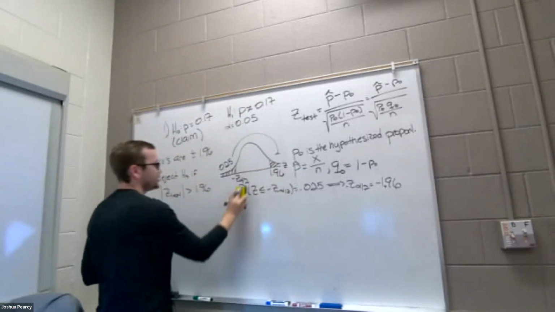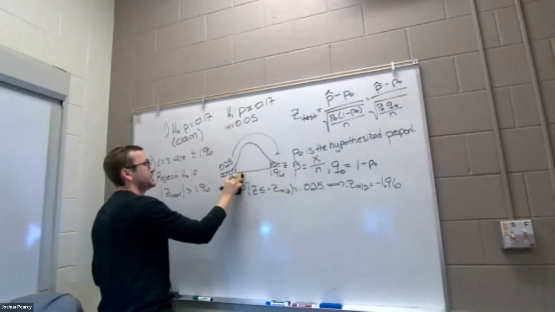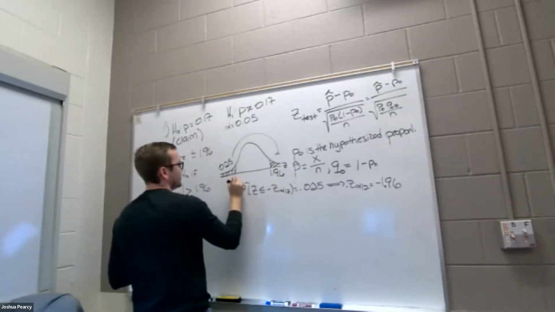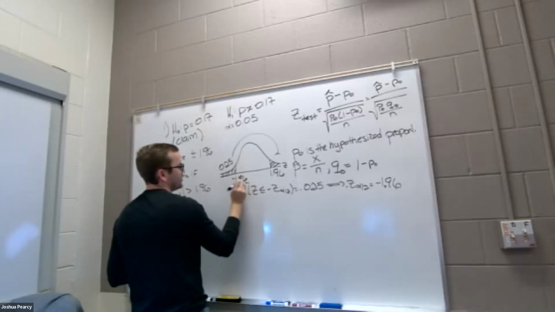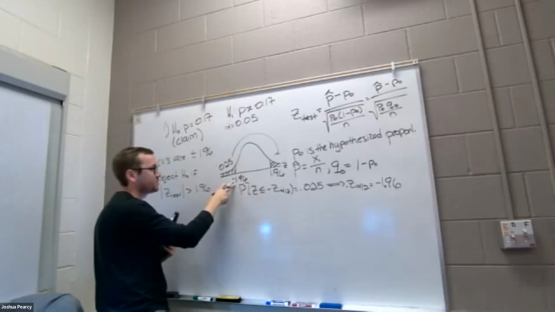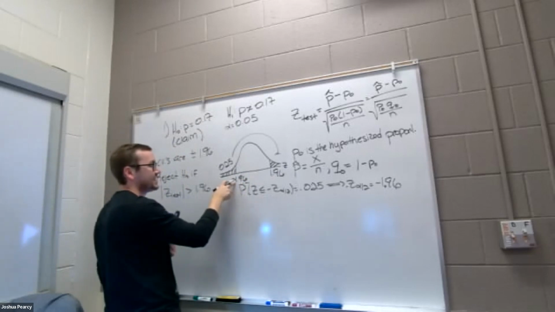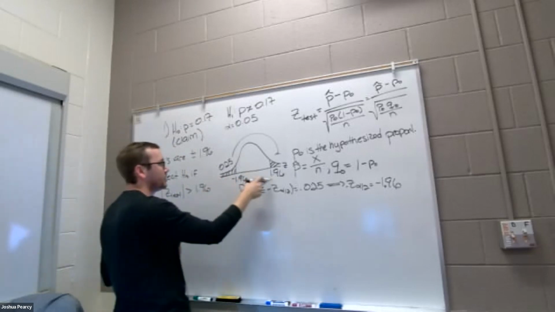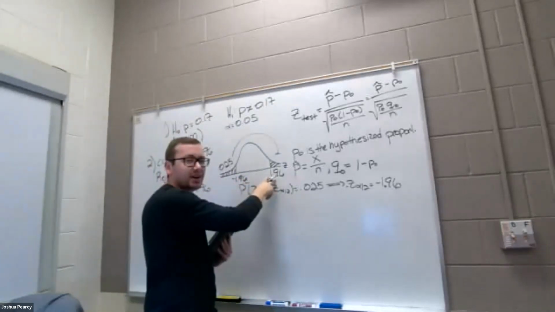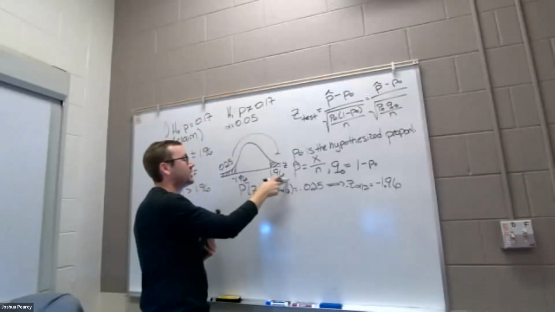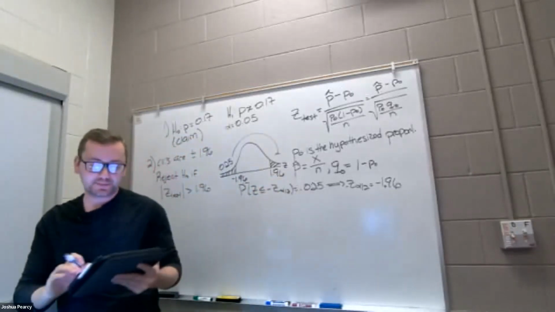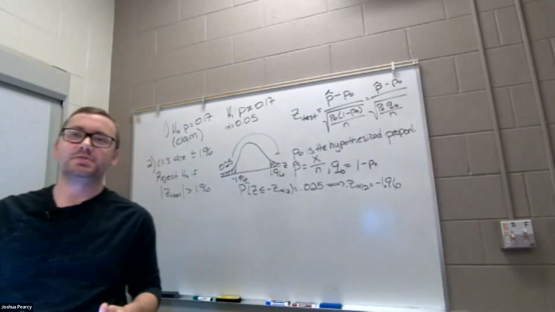You could also say reject the null hypothesis if you get a test statistic that falls below minus 1.96, so it's less than the negative critical value, or if it falls above 1.96 and is greater than the positive critical value. Both of those mean the same thing.